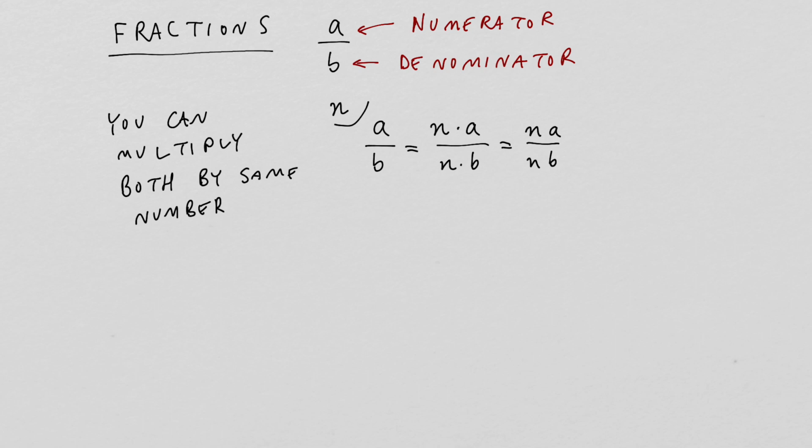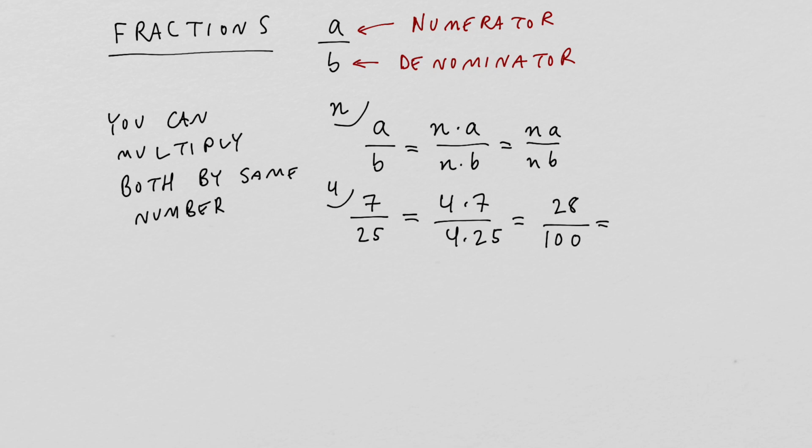So for example, if we would want to write this number as a decimal number, we might multiply both the numerator and denominator by 4. This is smart because now the denominator will be 100 and numerator will be 28. So our decimal expansion for the number is 0.28.